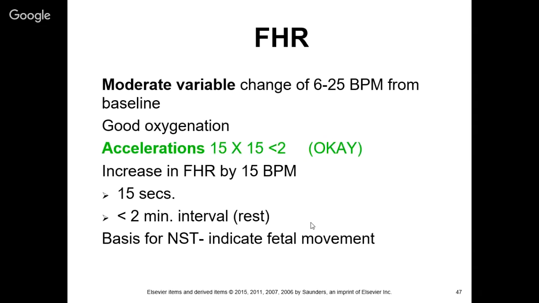This is good oxygenation. Accelerations are always okay because the baby's heart rate is responding by increasing, and that's not a problem. It's when the baby's heart rate decreases that it's a problem. So an acceleration, 15 beats, 15 seconds, less than 2 of those back to back, no problem.